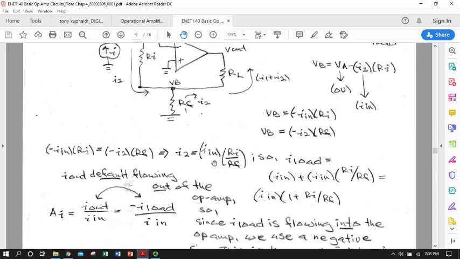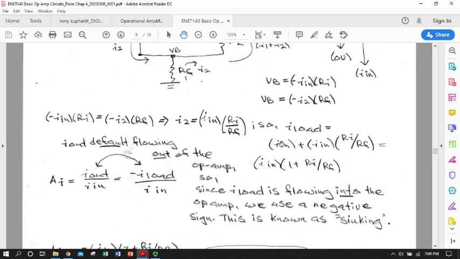Well, this is great. All we have to do is add I1 and we have I load, because I1 plus I2 is I load, and I1 is In, and here's I2. So I1 plus I2 is In times Ri over Rf plus In.